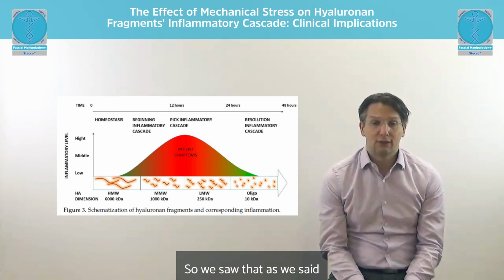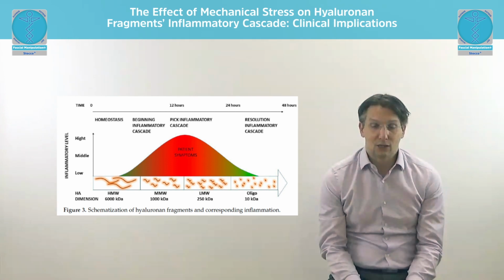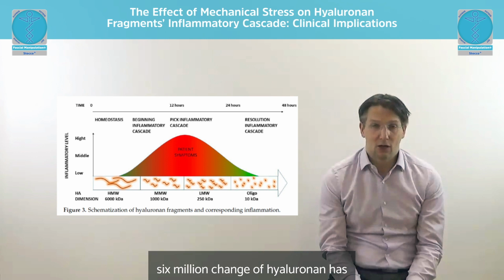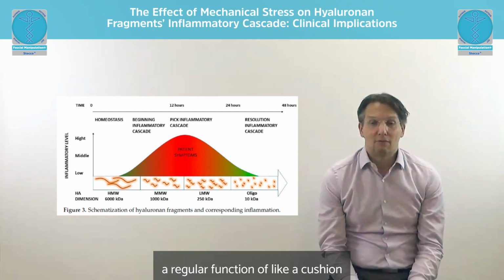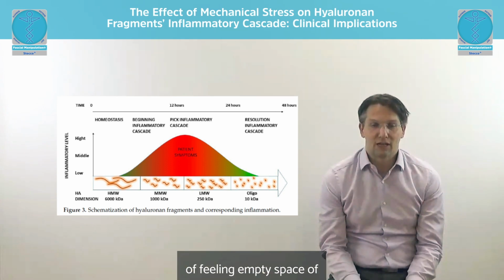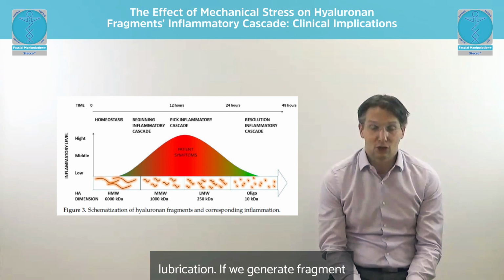So as we said, normal 6 million Dalton chains of hyaluronan have a regular function like a cushion, filling the empty space, lubrication.